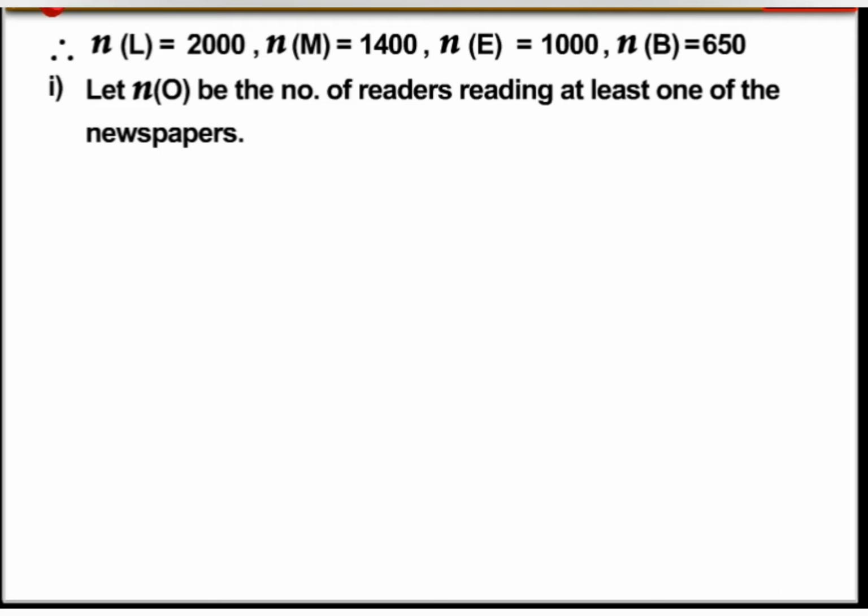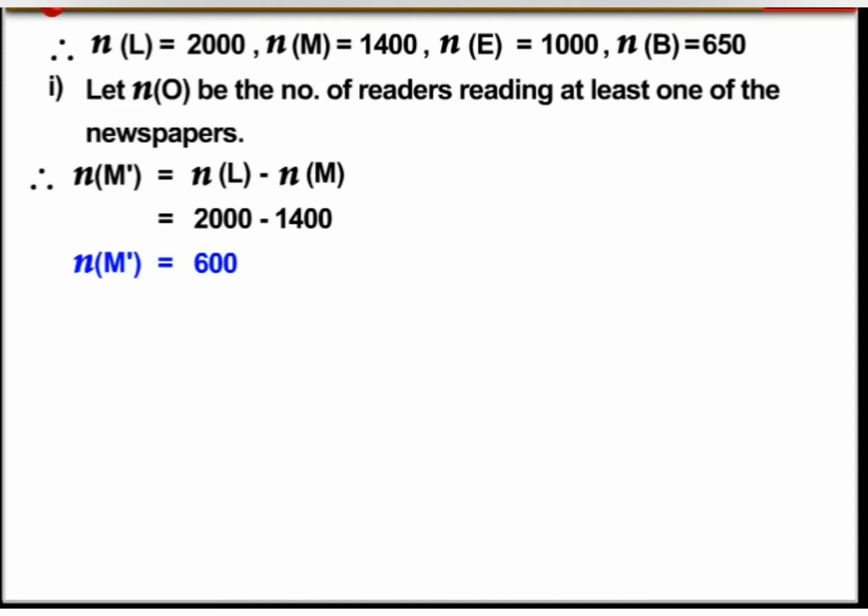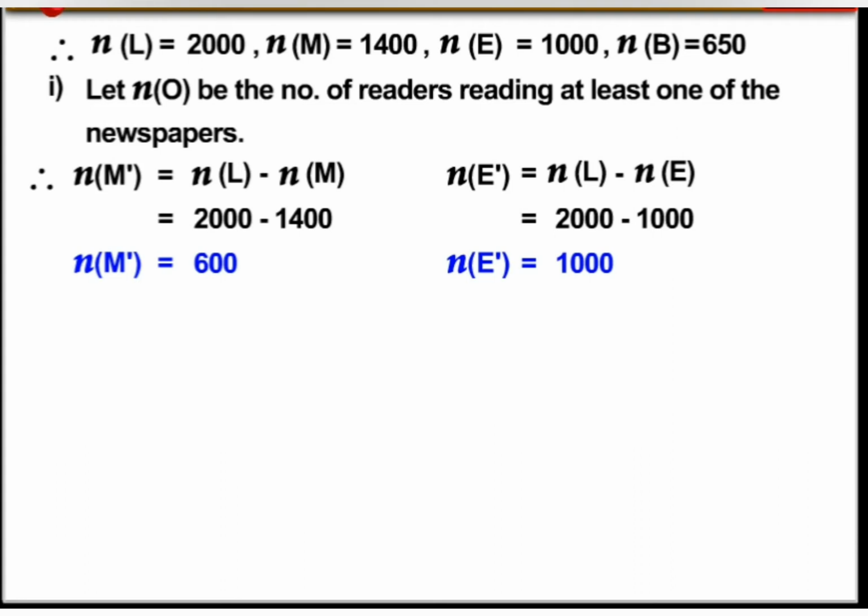Now, n(M'), that is, readers not reading Marathi newspapers, is equal to n(L) minus n(M), that equals 2000 minus 1400, that equals 600. n(E'), that is, readers not reading English newspapers, is equal to n(L) minus n(E), that equals 2000 minus 1000, that equals 1000.